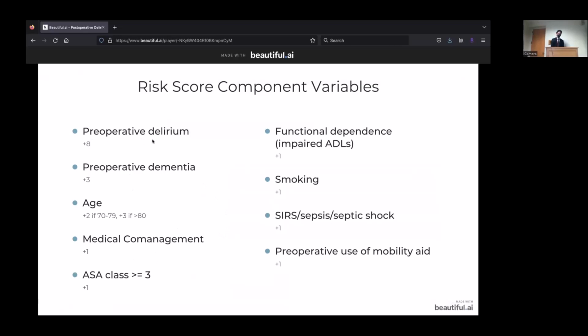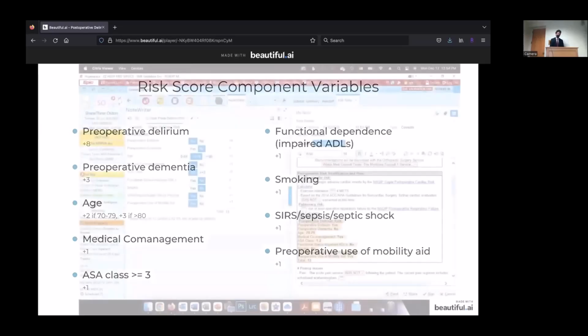There's the presence or absence of preoperative delirium, preoperative dementia, age, whether it's medical co-managed or not, the ASA class, functional dependence, whether the patient smokes or not, the presence of infection, and finally, preoperative use of a mobility aid.